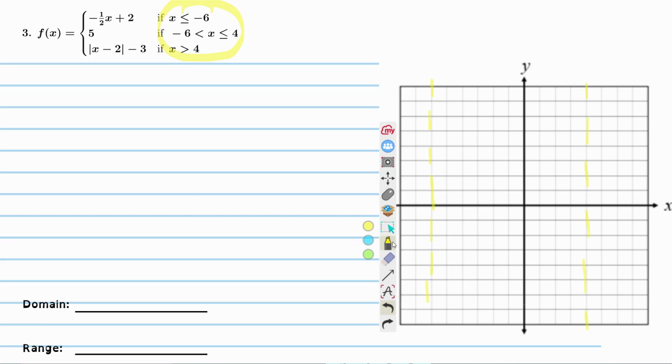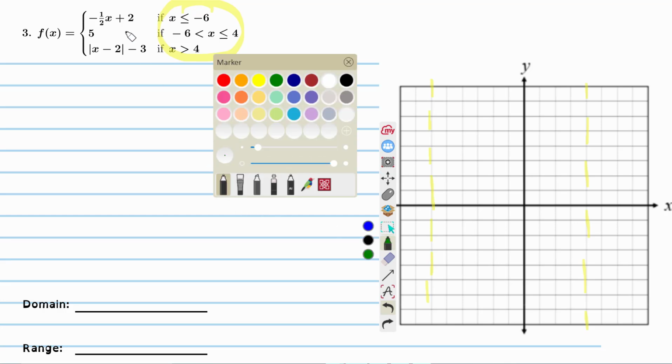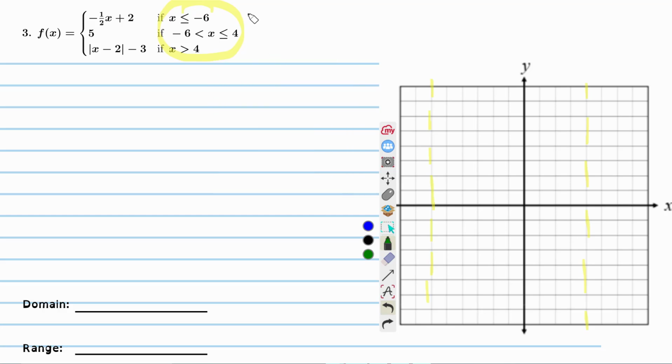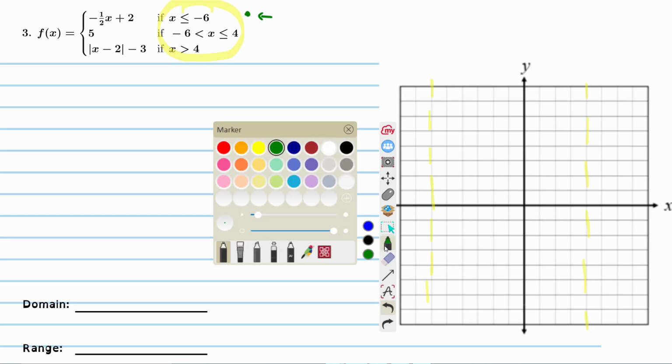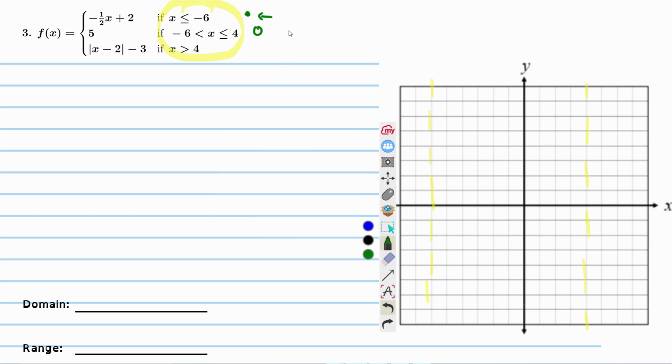And so in this first section, I'm going to have a filled in dot, and I'm going to go to the left. In the middle section, I have an open dot, so I go to the right, and a filled in dot, and then I go to the left. And then in this last section, I have an open dot as I'm going to my far right.